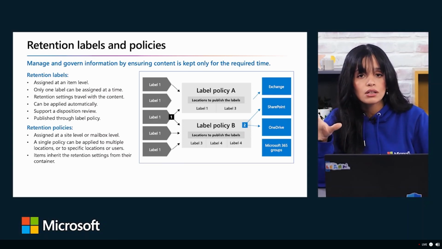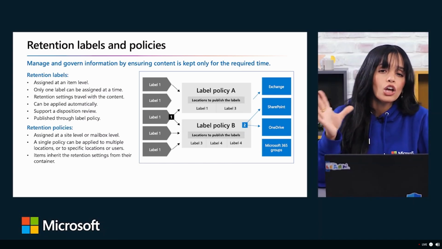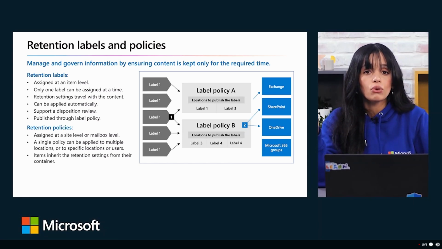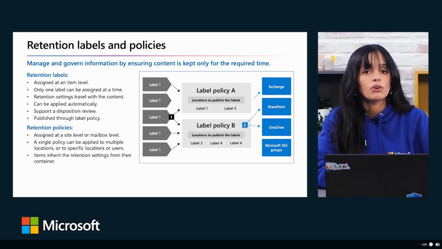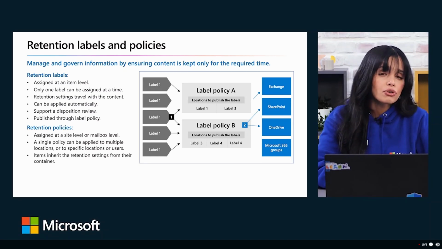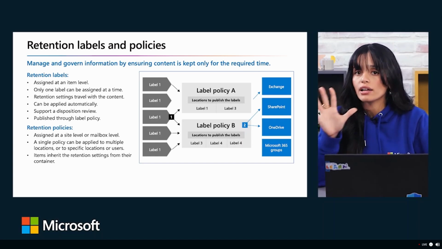Very similar to some of the other labels that we have discussed so far, you can create retention labels and retention policies. So let's say I have a SharePoint site for my team and the information in it needs to be kept for a minimum of 5 years.